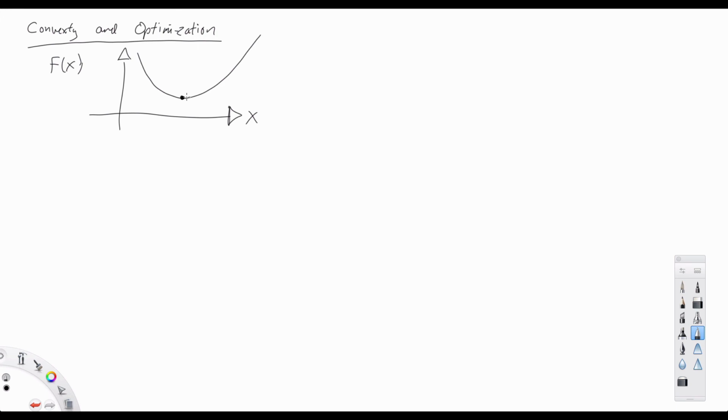I worded this assertion about global optimality in a very specific way. I said that any local optimum will be a global optimum. That implies there's the possibility that we could have more than one local optimum that will also be the global optimum. We can have a quick look at a simple example that explains this concept.